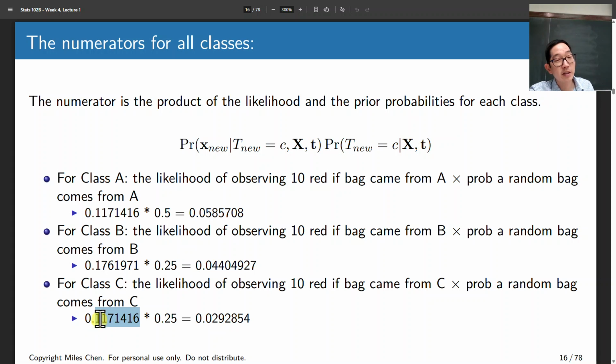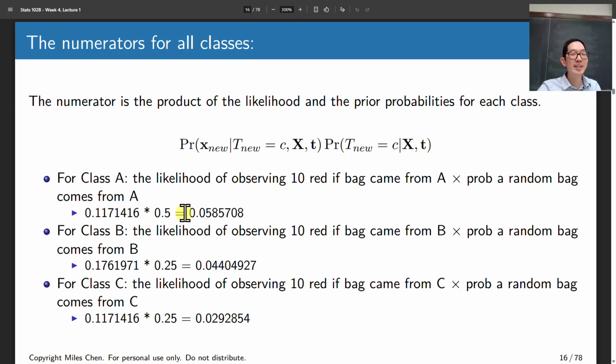And for class C, I take the binomial likelihood of 0.117 and multiply it by the prior probability of 0.25. This is the numerator calculated for our three classes: 0.058 for class A, 0.044 for class B, and 0.029 for class C. So effectively, we're almost done with the problem.